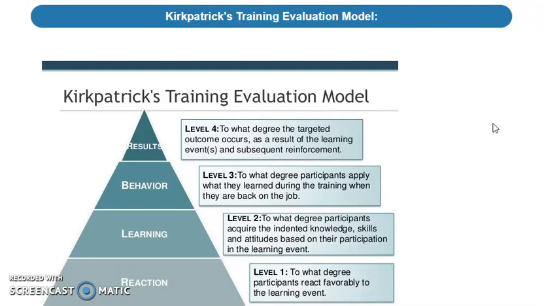We can have tests, those type of things, to determine whether or not they learn the material. For behavior, applying it on a job, you would have to look 2 or 3 years down the road, and are they able to apply what they learned? And then finally, the results down the road, what was the impact of the training? Were there results? Could you see them?